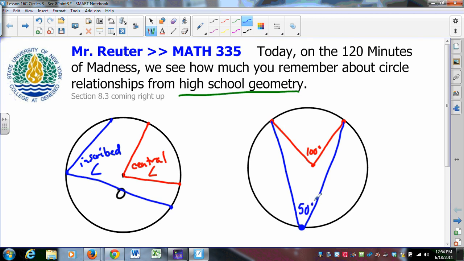It turns out that proof is true without even talking about degree measures, whether or not we associate the degree measure of an angle to the degree measure of an arc on a circle.